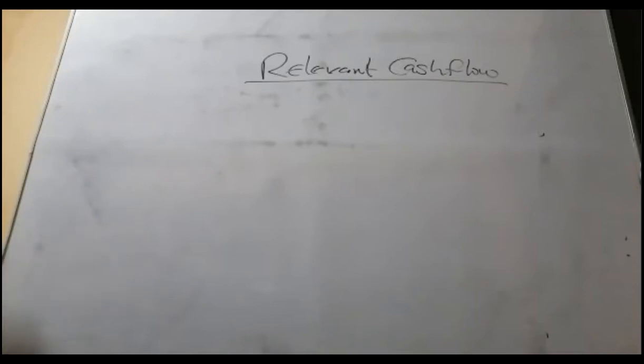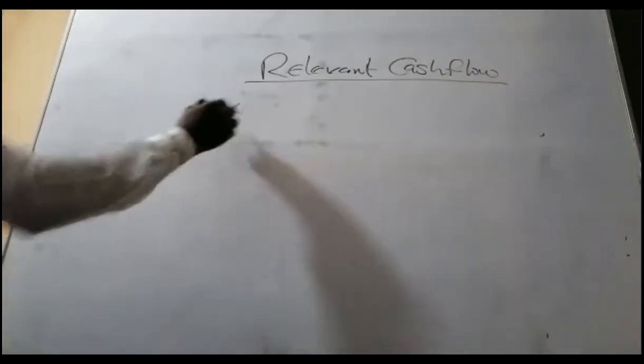The criteria for the inclusion of cash flows: there are three. Before you record anything in the NPV, make sure that it passes these three tests. First, the cash flow must be in the future.